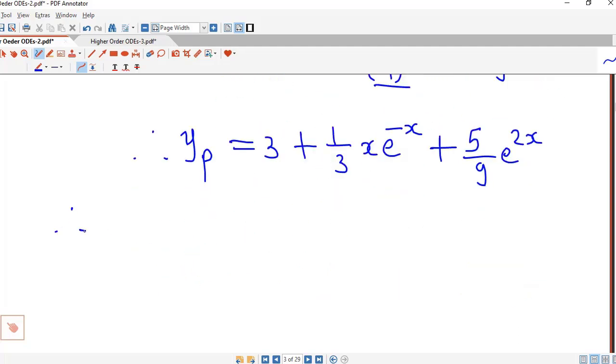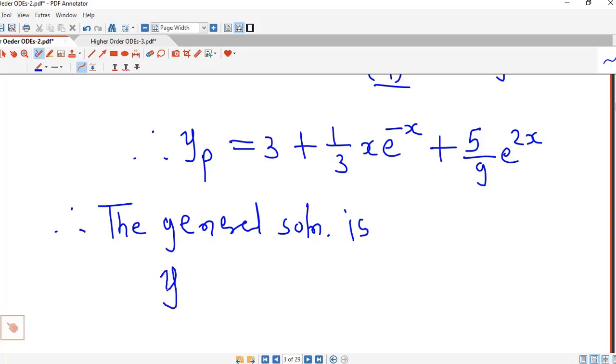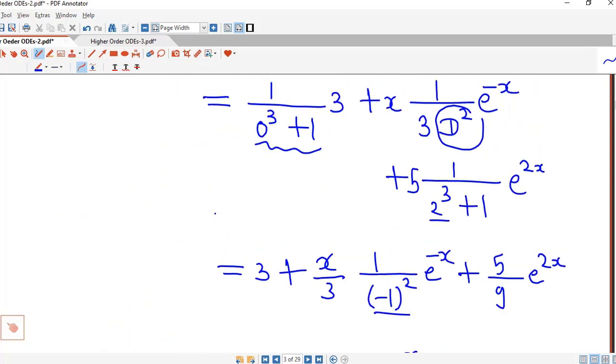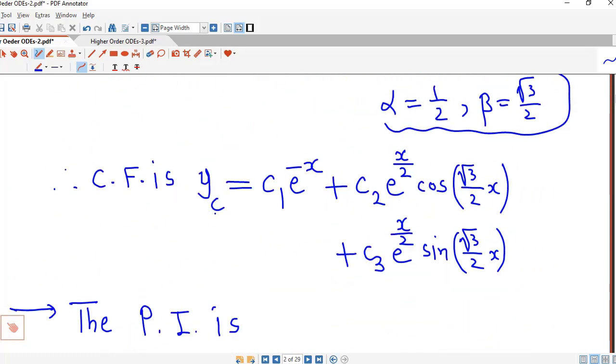So once we obtain the particular integral, we write the general solution of the given differential equation: y equal to the complementary function, that is yc, plus yp. So we must write the final answer in this form: addition of complementary function and particular integral.